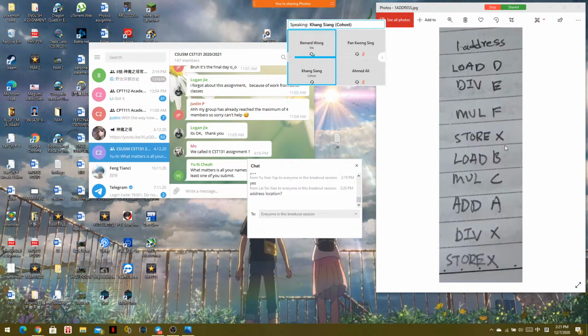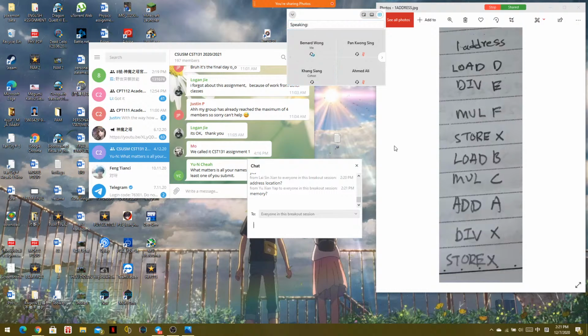Okay. First, tell me where you store your data in your computer. Address location. Okay. The address location belongs to what component?